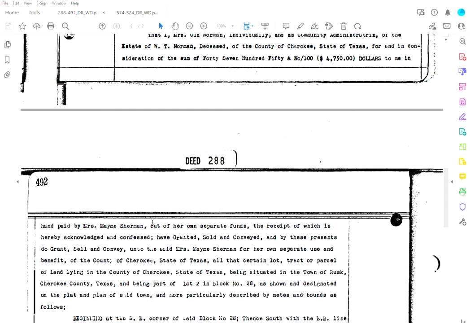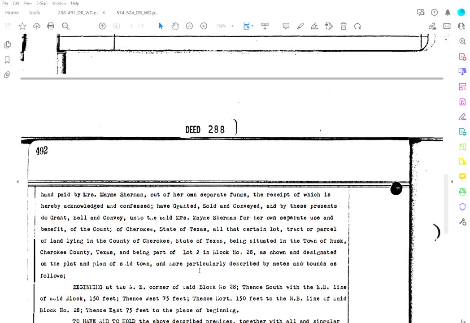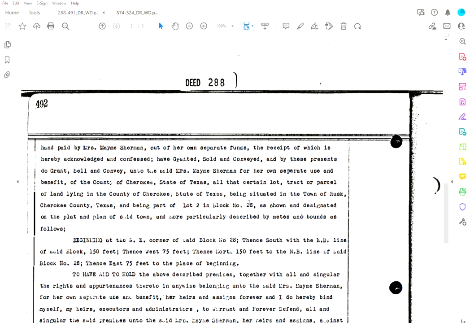But as you can see, when she went to sell it, she still, out of probably an abundance of caution, sold as an executrix any interest her husband would have had in the property. Unto the said Mrs. Mamie Sherman for her own separate use and benefit. Blah, blah, blah. Lot 2 in block number 28. And then it goes to give the same description.